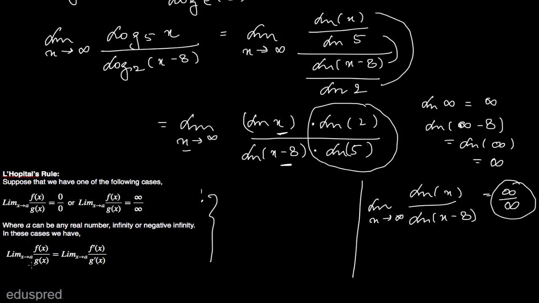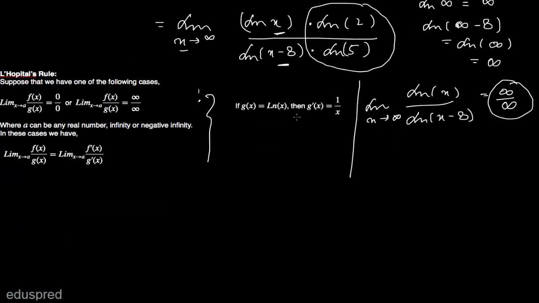Then in order to compute the limit, all you have to do is first differentiate the numerator with respect to x and the denominator also with respect to x, and after doing that you can compute your limit. So using the same rule, the differentiation of ln x is 1 divided by x, that is this.